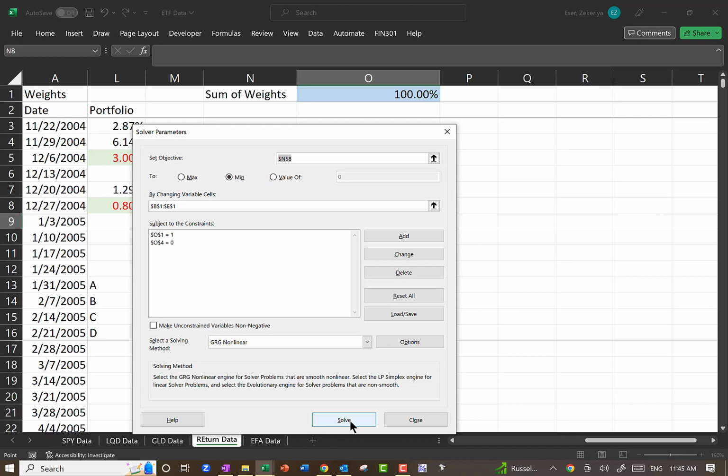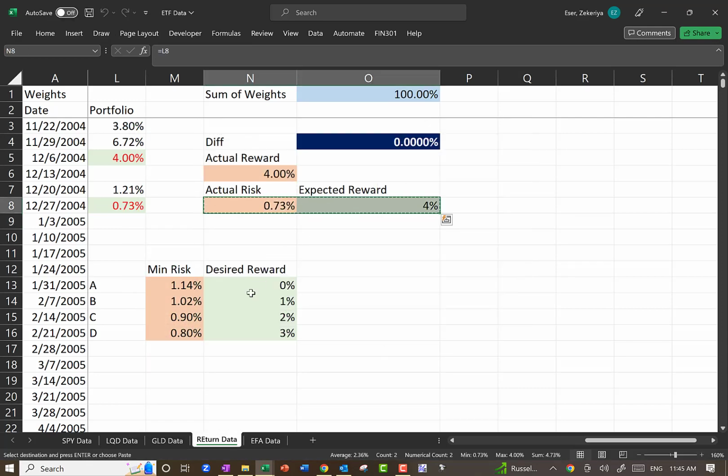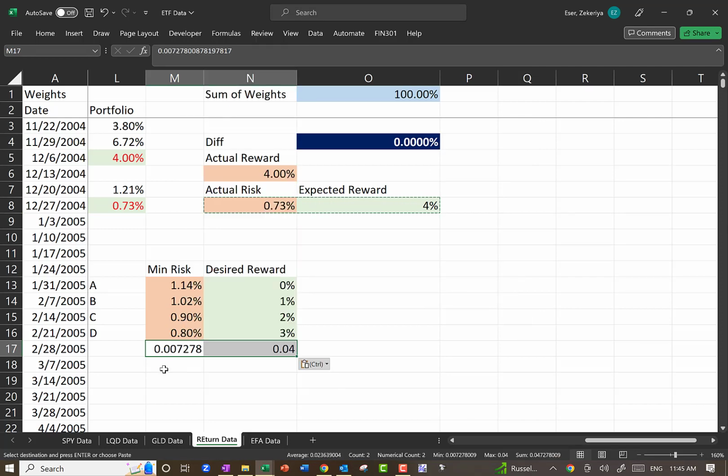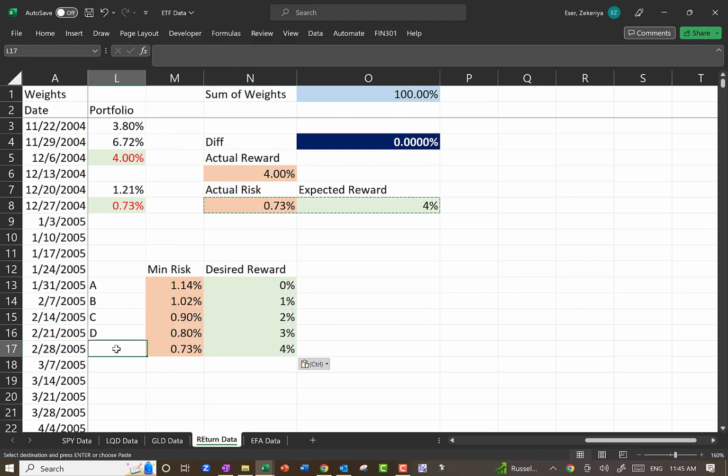Data, Solver, Solve. Same deal is going on. But as you can see, the reduction in risk started becoming smaller.